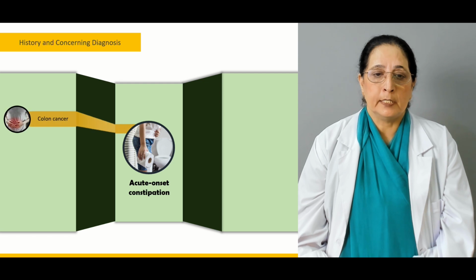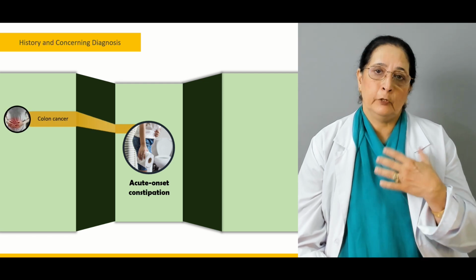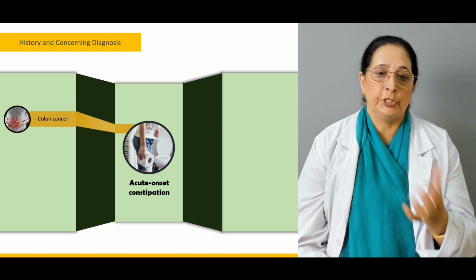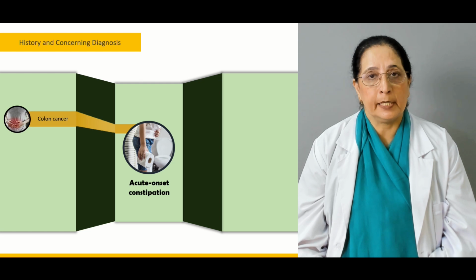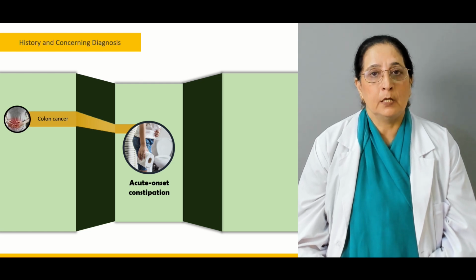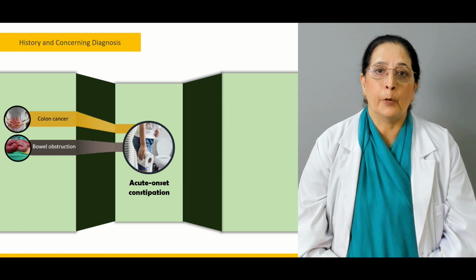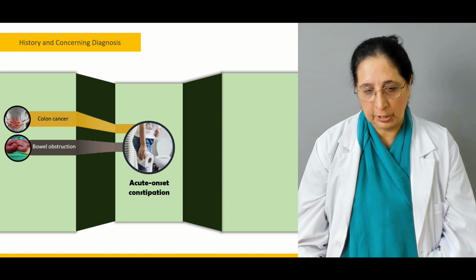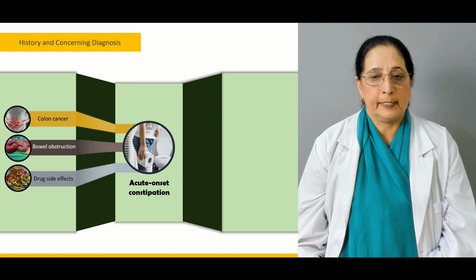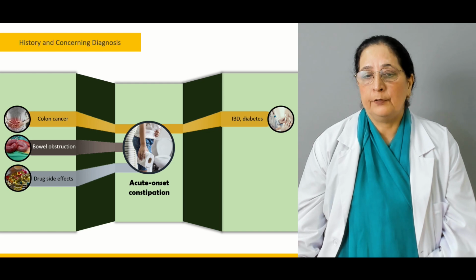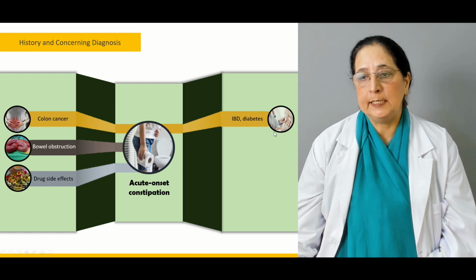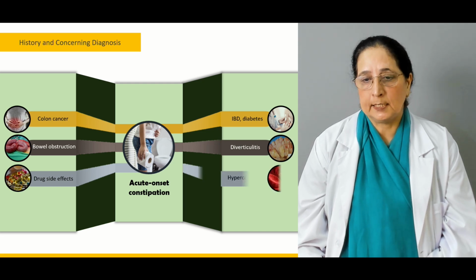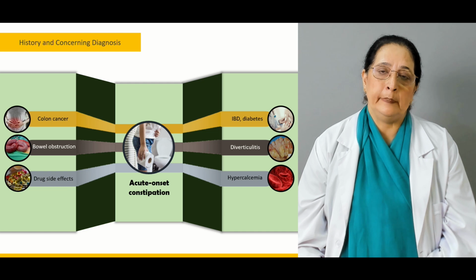Next, acute onset constipation. What are the conditions which lead to acute onset of constipation? Colon cancer can cause acute onset constipation. Bowel obstruction also causes acute onset constipation. Drug side effects. Inflammatory bowel disease, diabetes, diverticulitis, hypercalcemia.